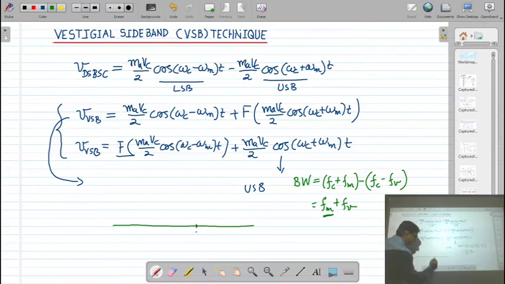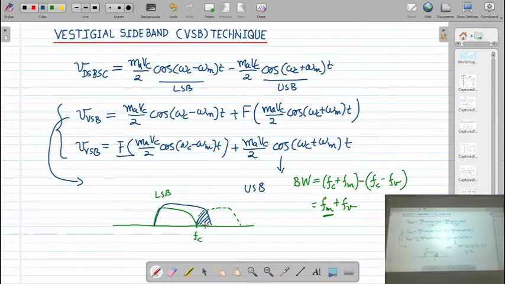Same way you can calculate it if we have Fc here, and suppose we are completely transmitting the lower sideband and some portion of the upper sideband. So what is the bandwidth? My filter will be like this. This portion of the upper sideband frequency is also transmitted.